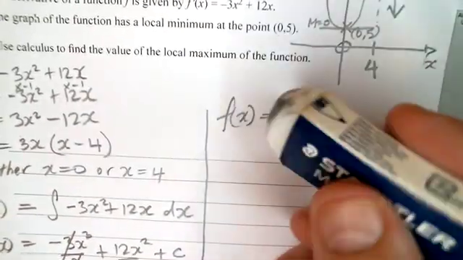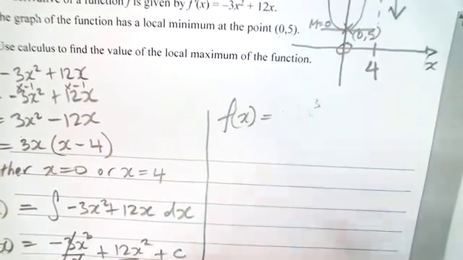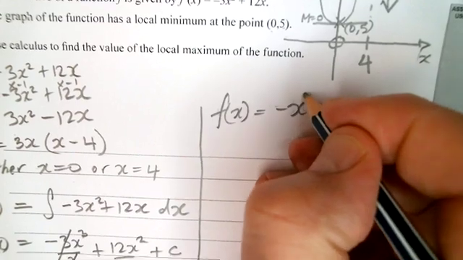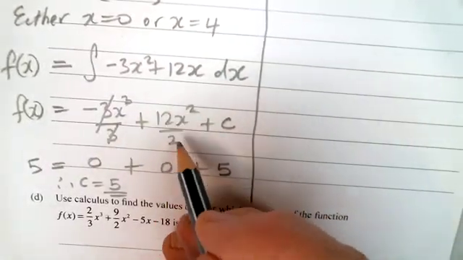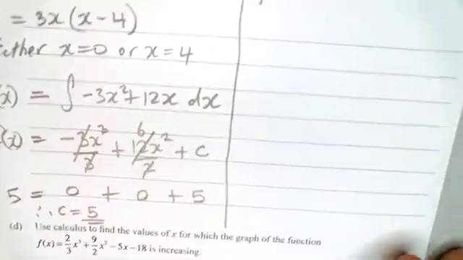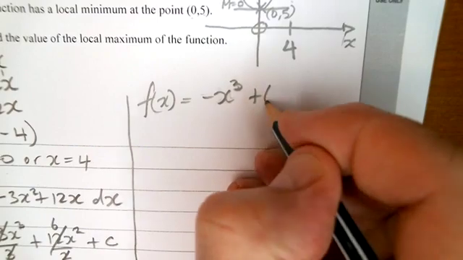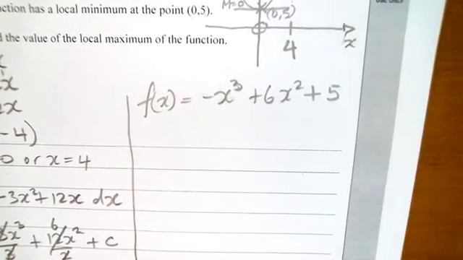There it is. What's this one here? 12 divided by 2 goes 6 times. So I'm going to have plus 6x squared plus 5. And that's what we've got.